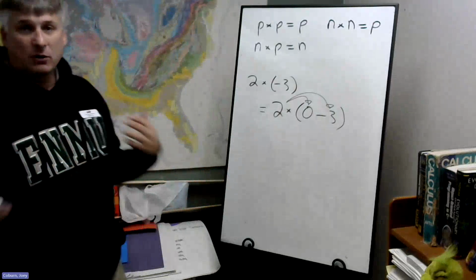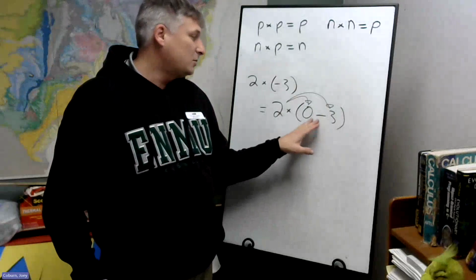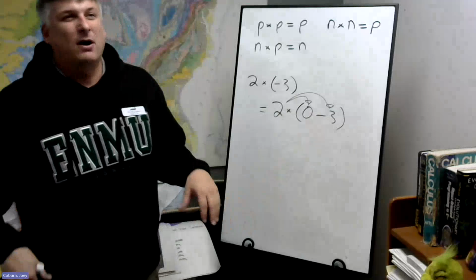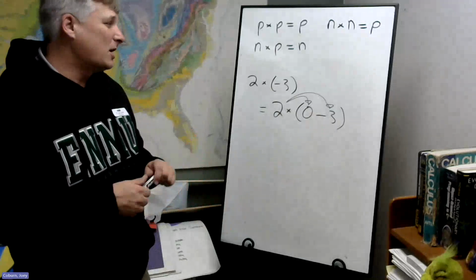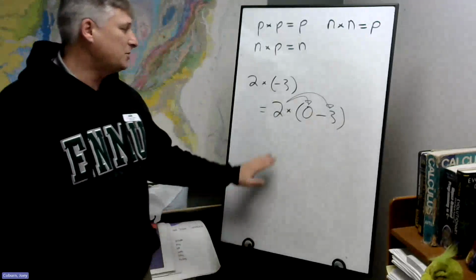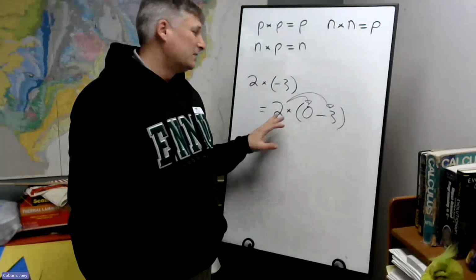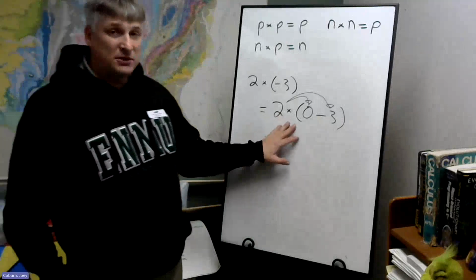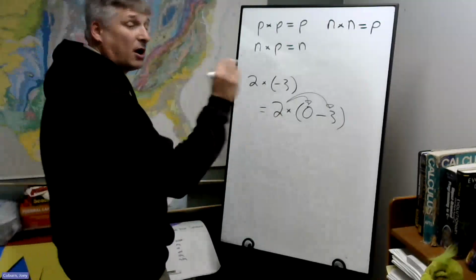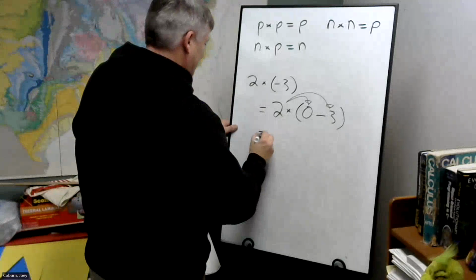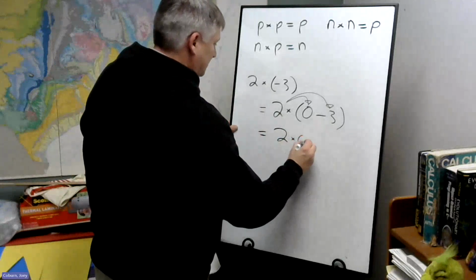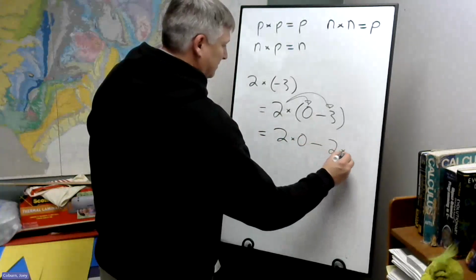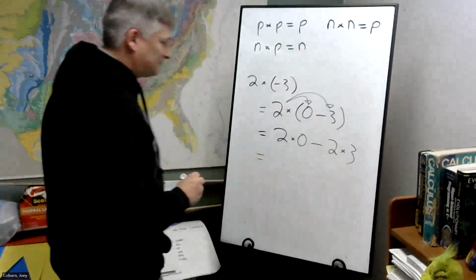Now we can follow order of operations, and you have to do what's in the parentheses first. But a way to get around that, and we'll talk more about this in algebra, is you can use what's called distribution. So we're kind of getting ahead of ourselves here. But you could use distribution to get 2 times 0 minus 2 times 3.